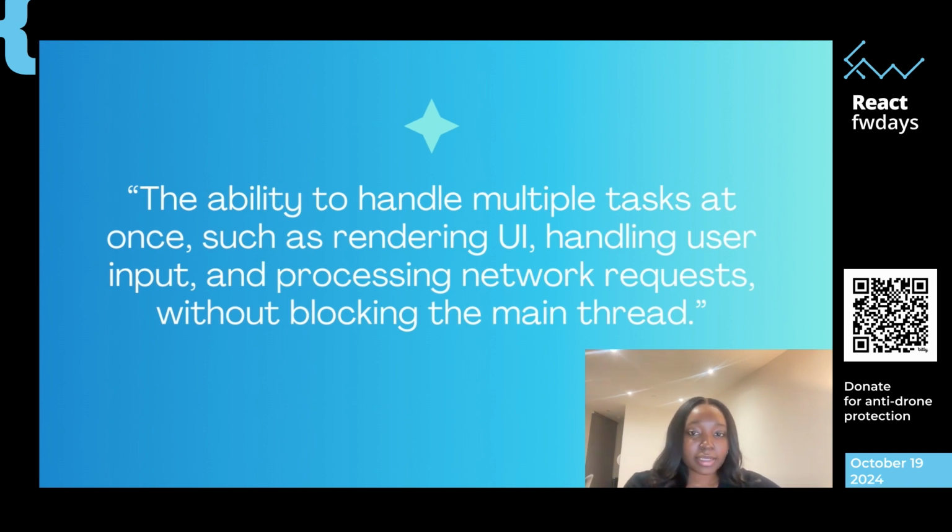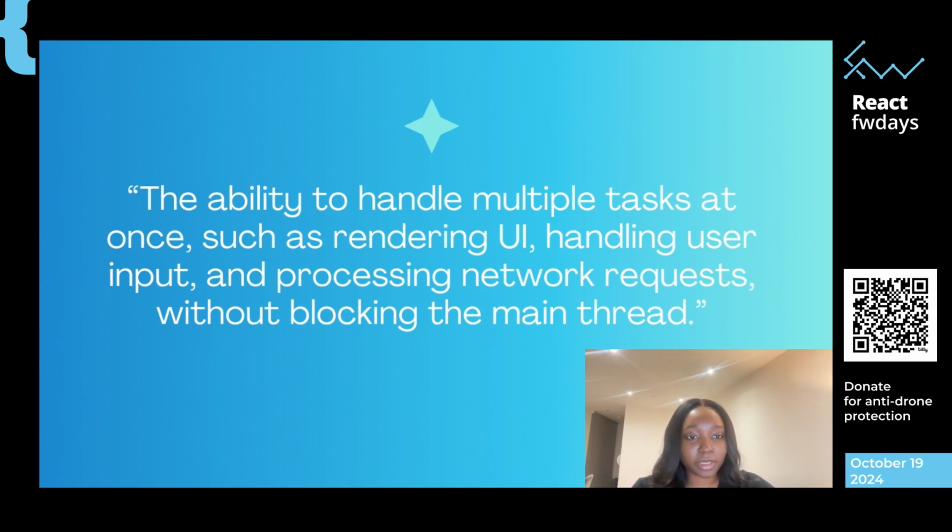Before React released version 18, the render process was synchronous, right? That means that once rendering started, React would block everything until that rendering was done. So we had to wait until React was finished before it could handle other events. Now, what concurrency has done is make that rendering process interruptible.